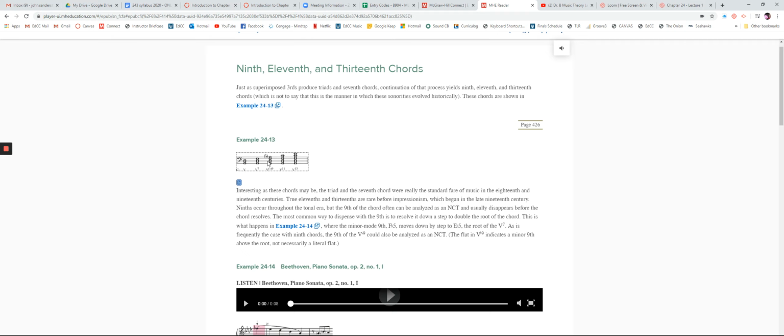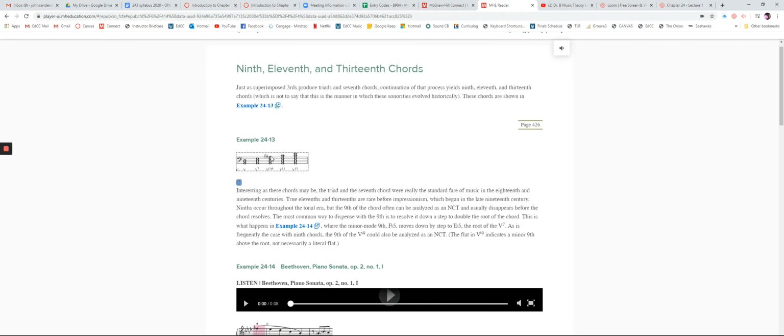You can remember that 9, 11, and 13, if you subtract 7 from those, so 9 is the same as 2. So what's the natural 9 above G? Well, what's the second above G? A. So A natural would be the ninth.